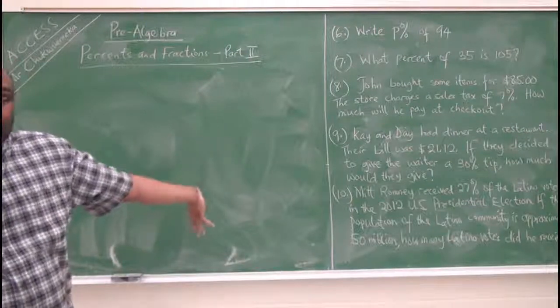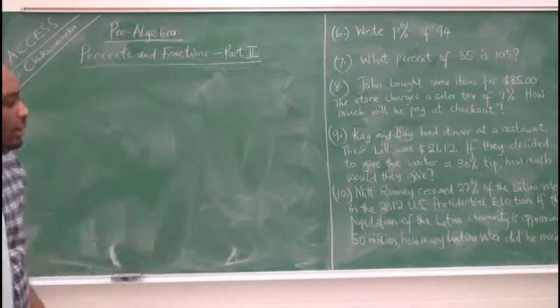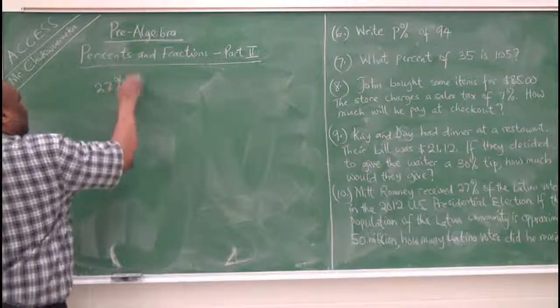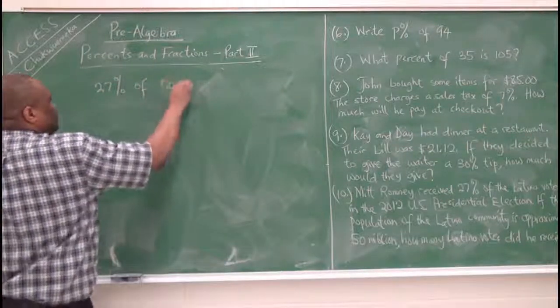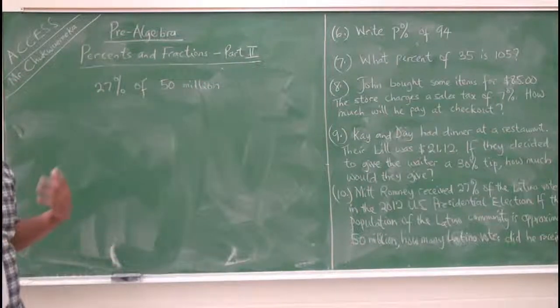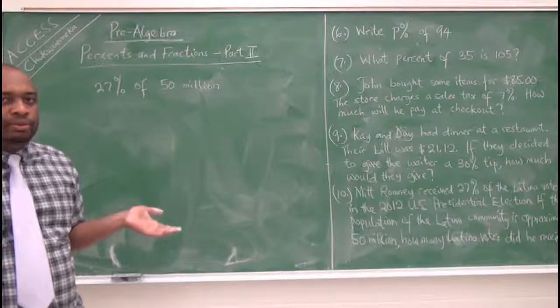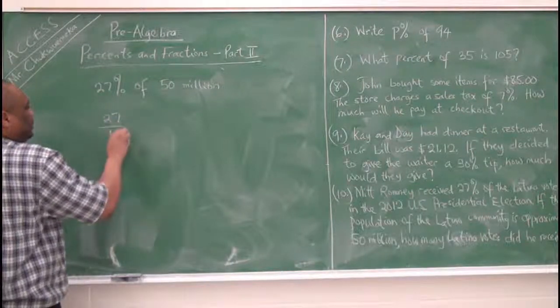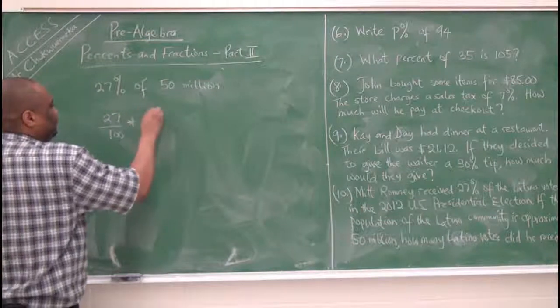This is another good application of percent, right? So that means he received 27% of 50 million. You see how easy it is. So we want to find out how many votes actually did he receive. So this will be 27 out of 100 times 50 million.